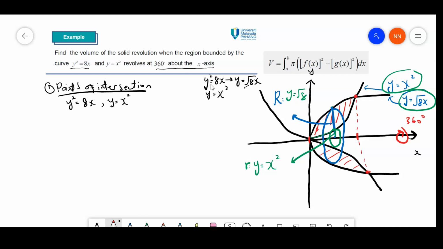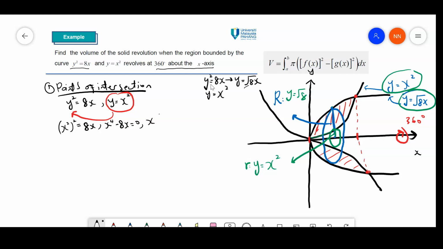So if I substitute y equal to x squared into this y, so I should have x power 4 equal to 8x, which is x power 4 minus 8x equal to 0.